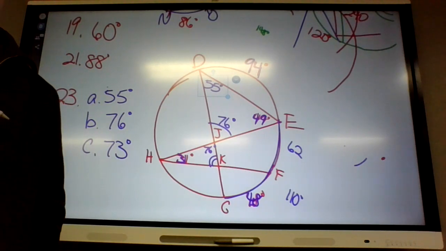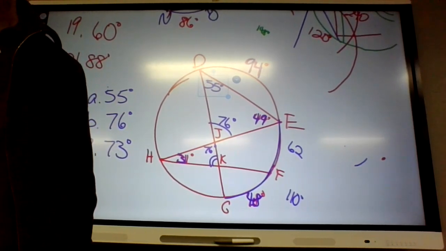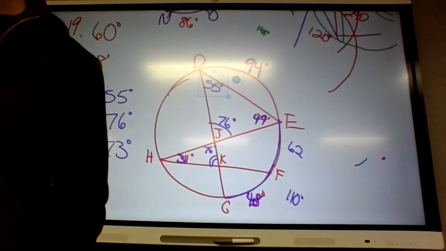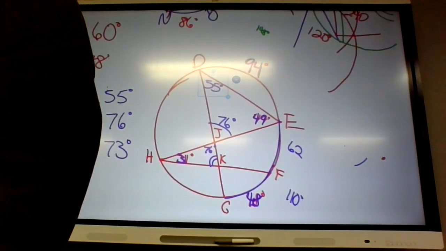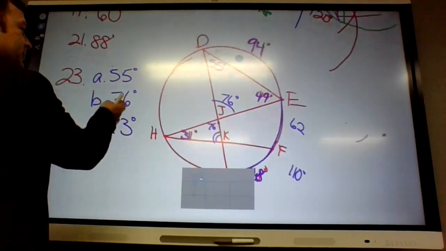Using that picture for 22 also. Okay, 25, angle Q. Oh gosh, another picture. Last picture though, I guess. We'll have to draw one more.